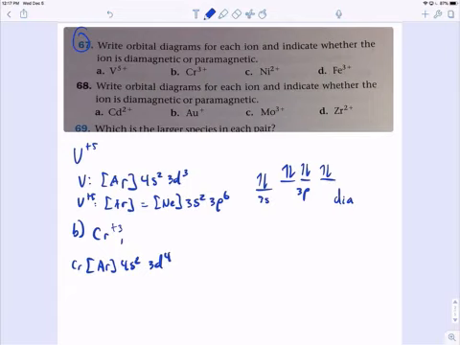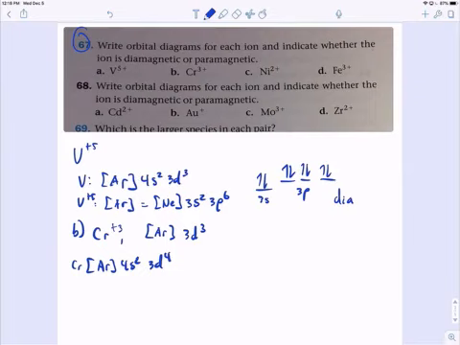So it's going to remove the 2 electrons from the 4s and then 1 from the 3d. So chromium plus 3 has the structure argon 3d3. Plus 3 means 3 electrons ripped off: 2 from the 4s, and then 1 from the 3d. So it'll be 3d3.